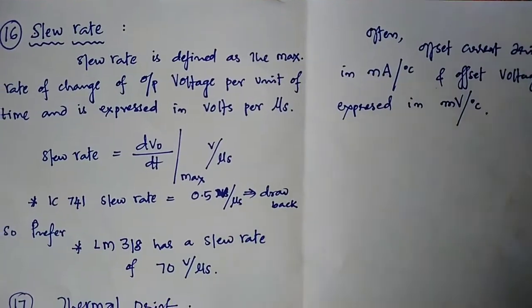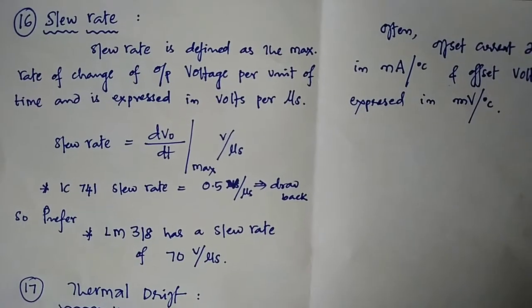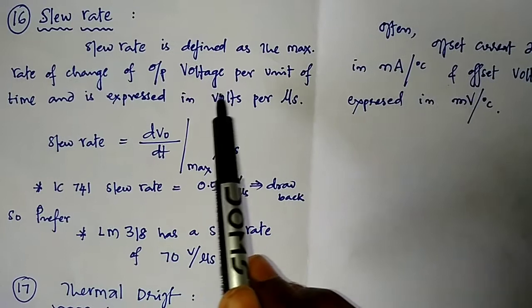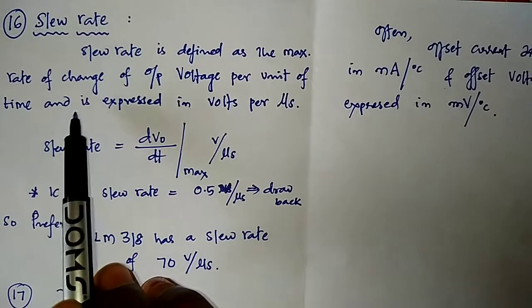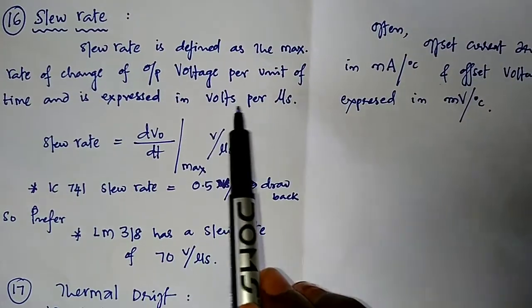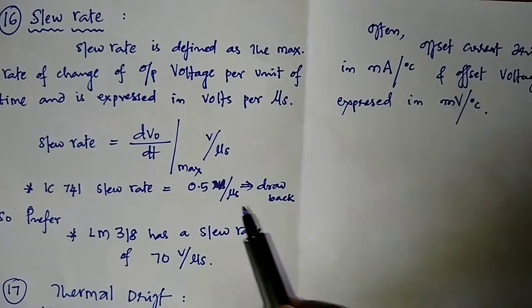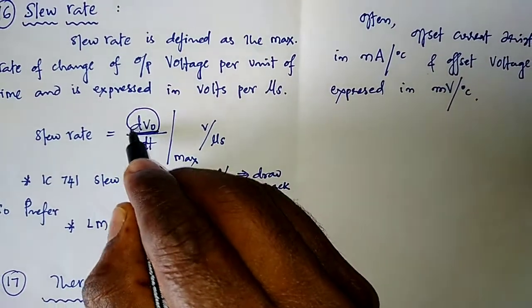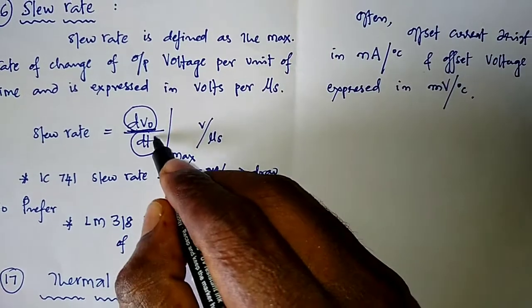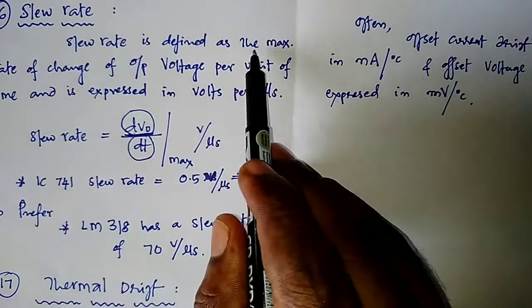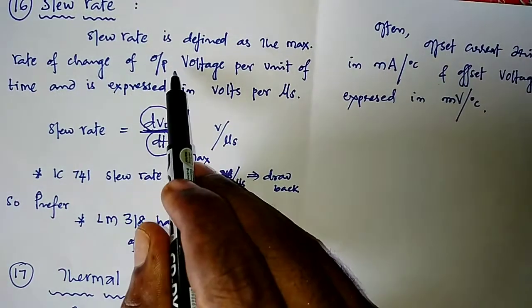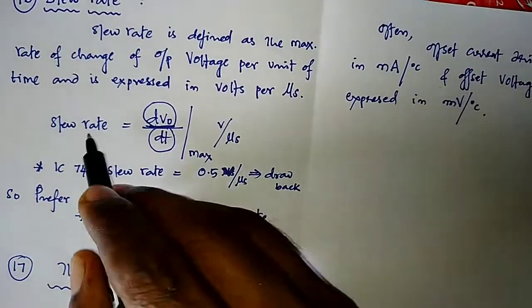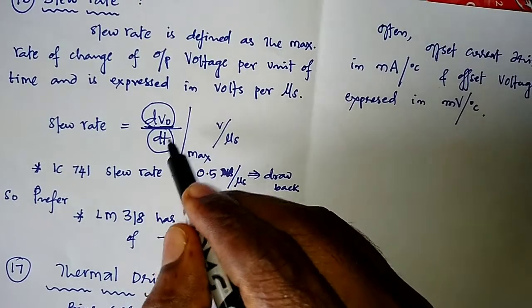Next, the 16th parameter is slew rate. Slew rate is defined as the maximum rate of change of output voltage per unit of time and is expressed in volts per microsecond. That is dV0 by dt.